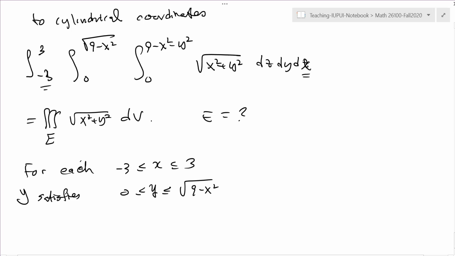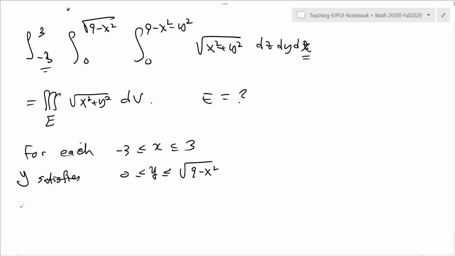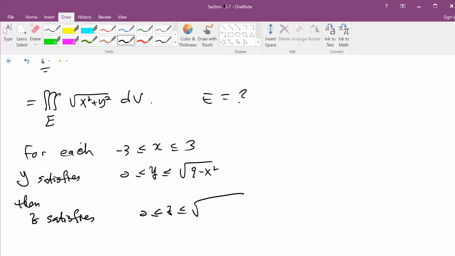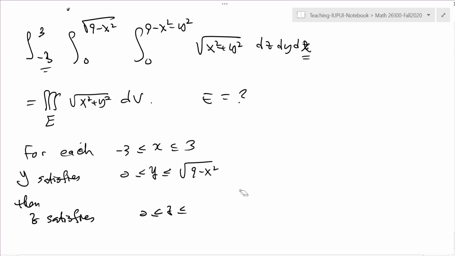Then for fixed y, z satisfies z between 0 and 9 minus x squared.